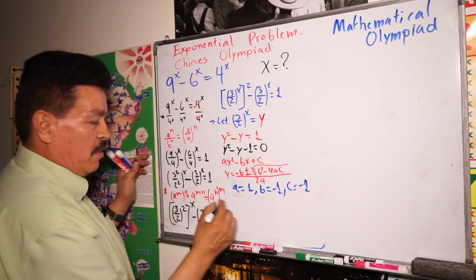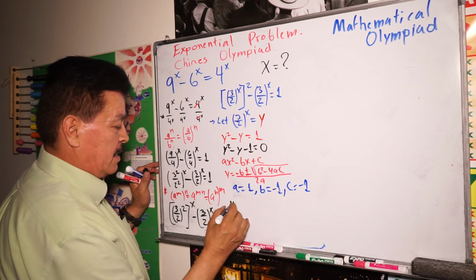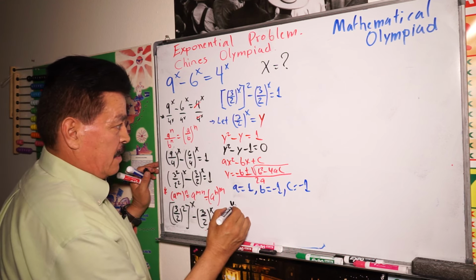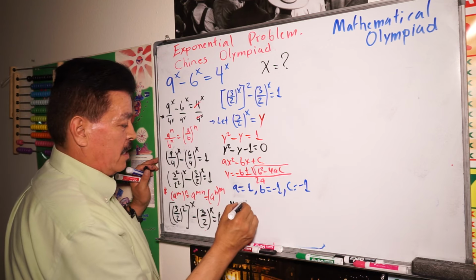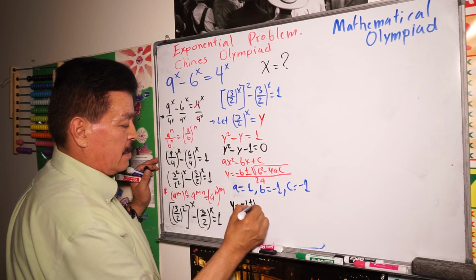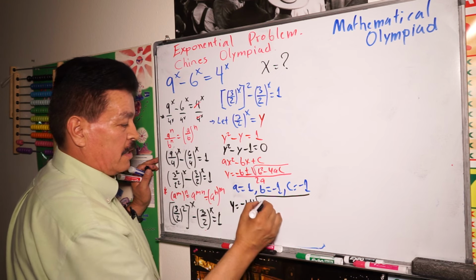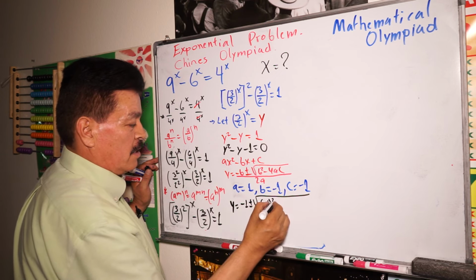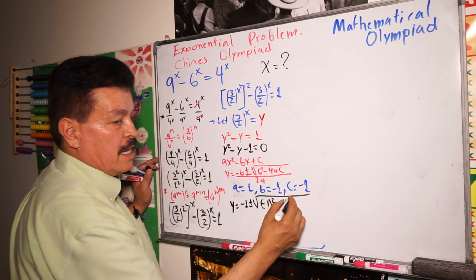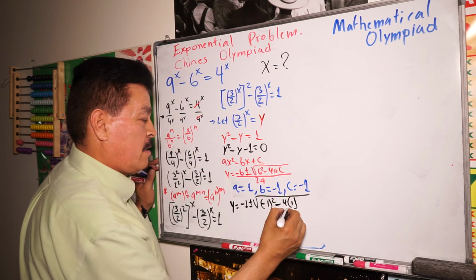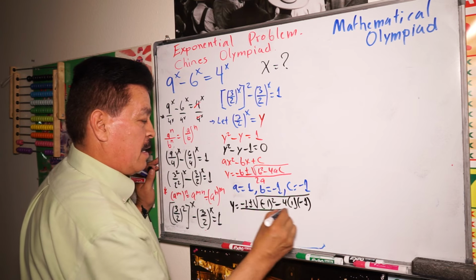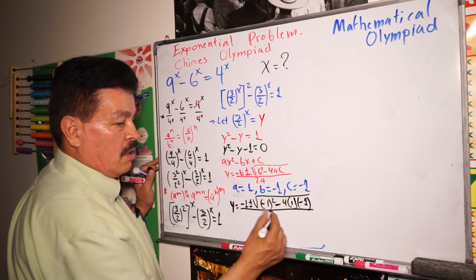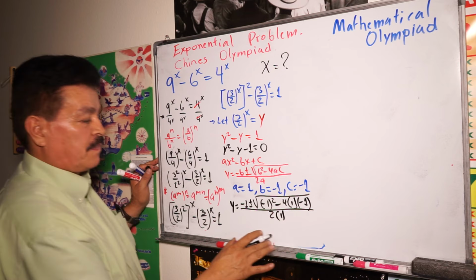We are going to have y equals negative negative 1 plus or minus the square root of negative 1 to the second power minus 4 times 1 times negative 1, divided by 2 times 1. Okay?